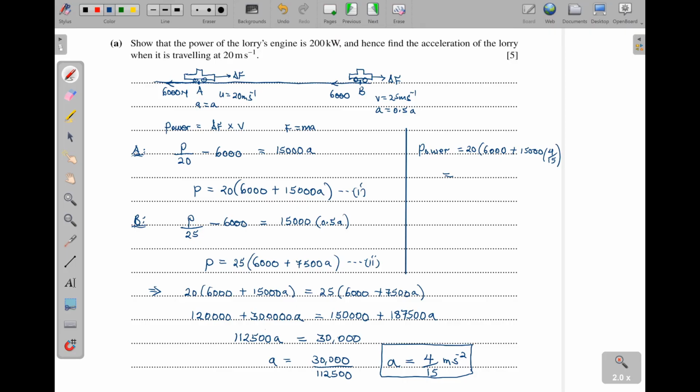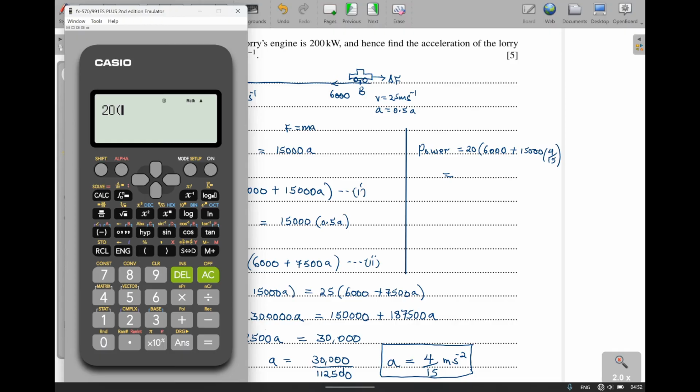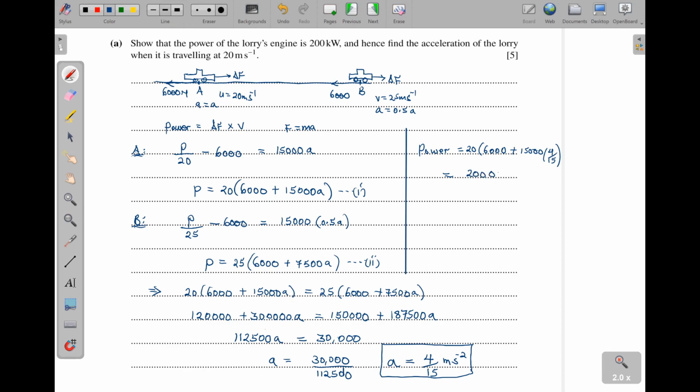We have 20 into 6,000 plus 15,000, then divide by 15, but then we have to multiply this by 4. So we get 200,000. And that is what we were supposed to show. So this is 200,000 watts, but divide by 1,000, then it will be 200 kilowatts. As simple as that.